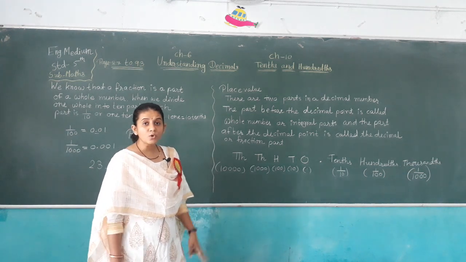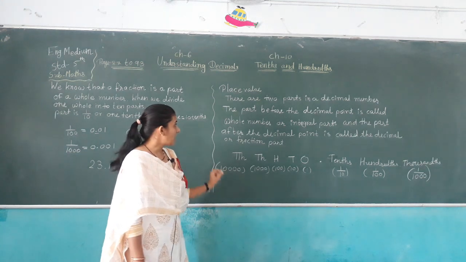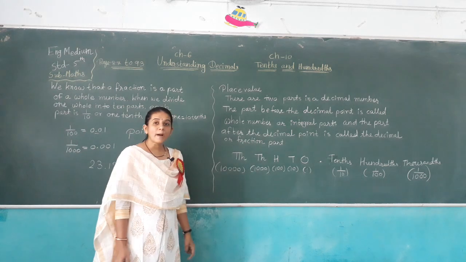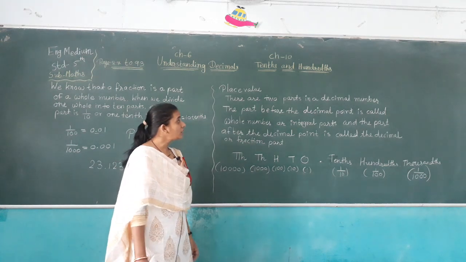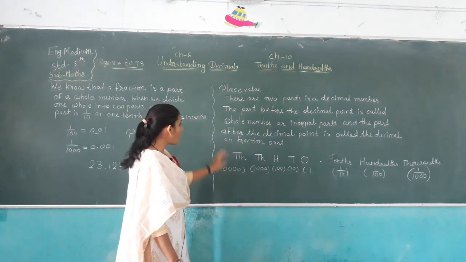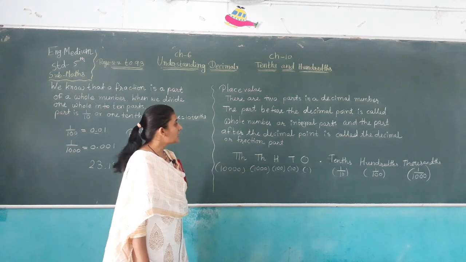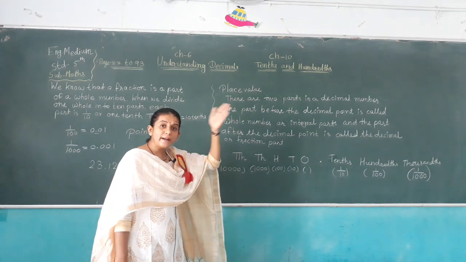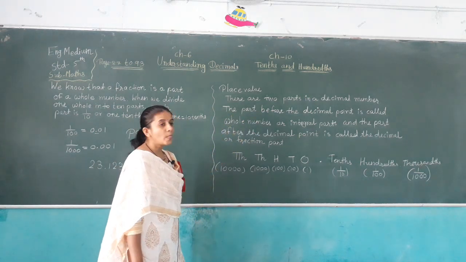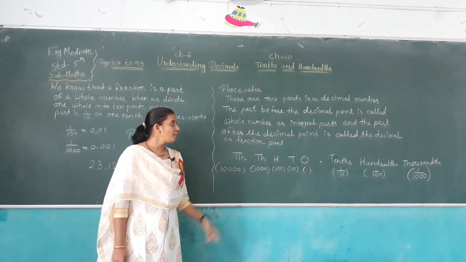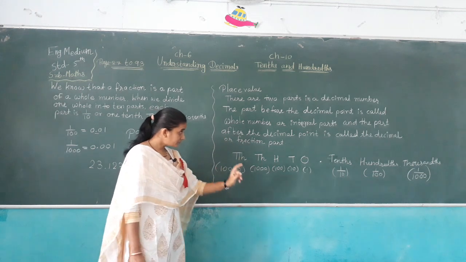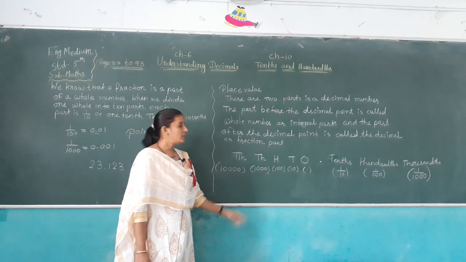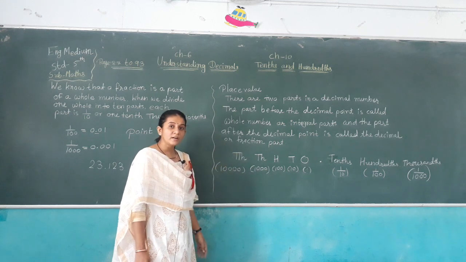The part before the decimal point is called the whole number or integral part, and the part after the decimal point is called the decimal or fraction part.